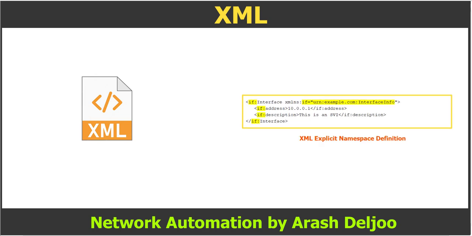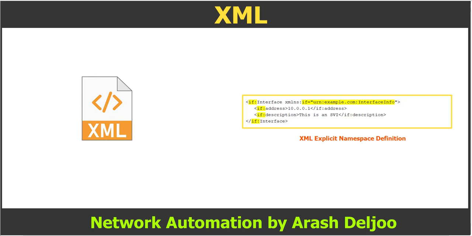You can define namespaces explicitly or implicitly. When you define a namespace explicitly, you must prefix every element. In this example, you can see that the address and description are prefixed with "if". This is the XML explicit namespace definition. Here you can see "if" and then the interface, again "if", address, and again "if".